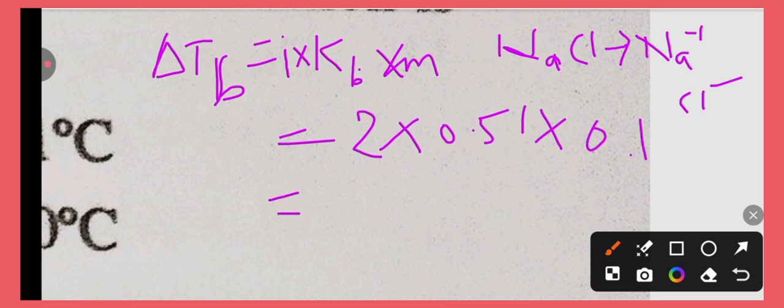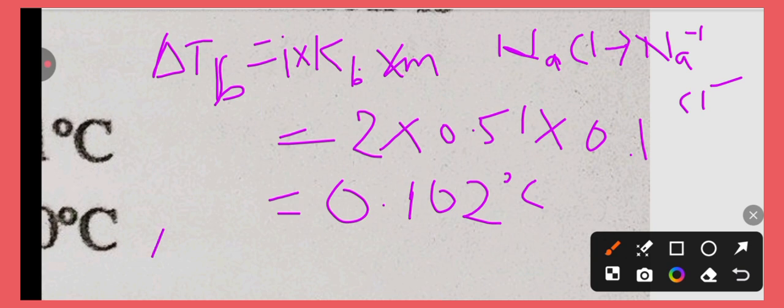When we multiply this, we get 0.102 degree Celsius. We know the boiling point of pure water is 100 degree Celsius.